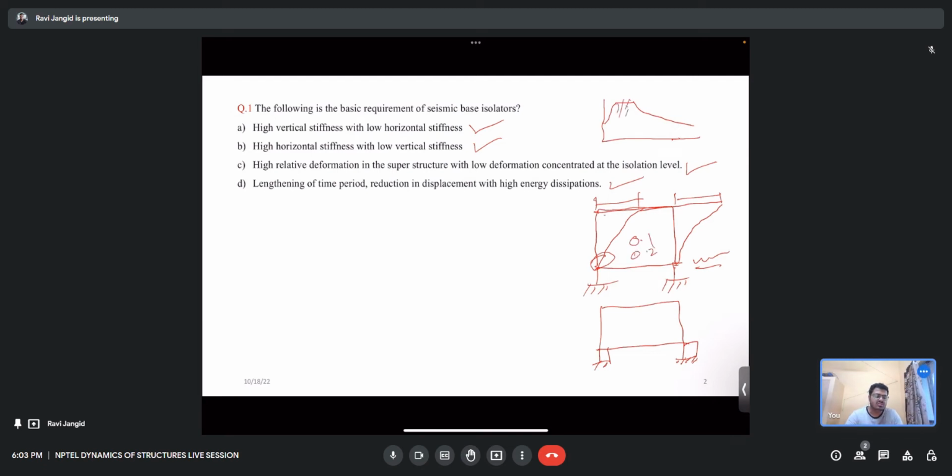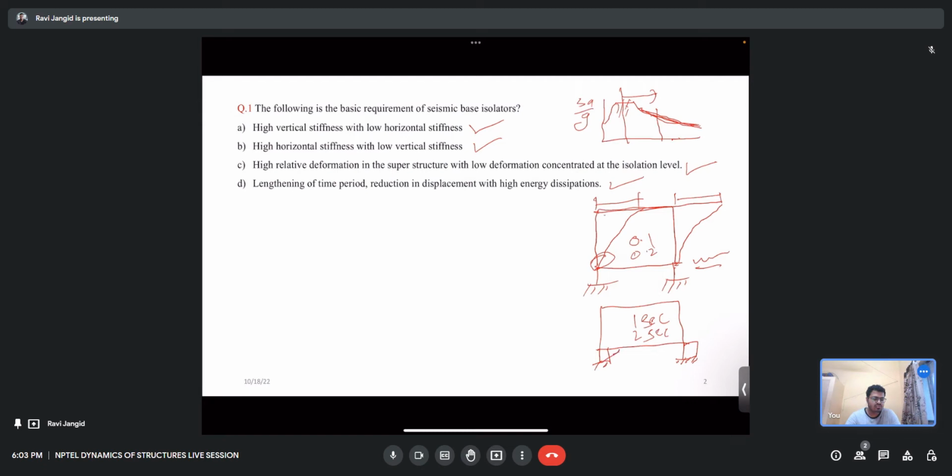If we shift the structure time period from here to here, the spectral acceleration reduces. So by using a seismic isolator, I increase the time period, such as 1 second or 2 seconds, whatever the required effective time period. The deformation will then take place in the isolator.